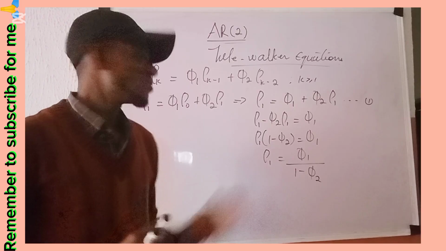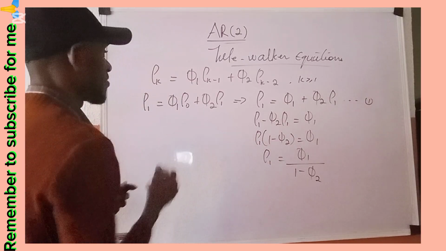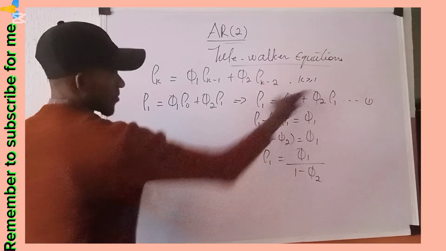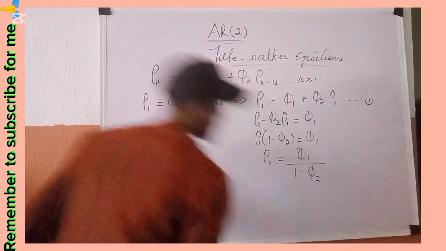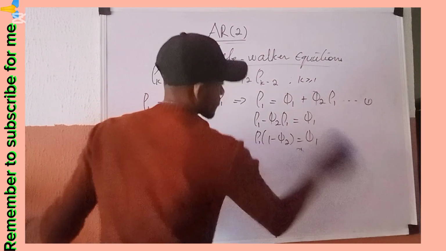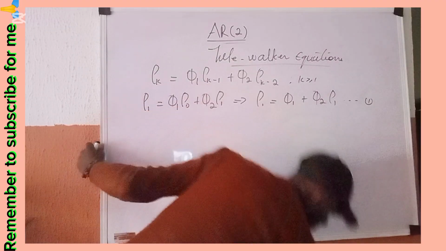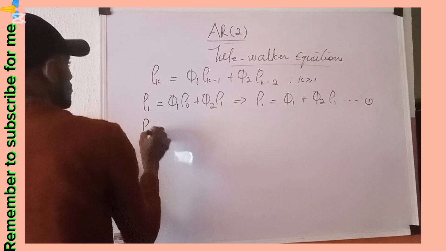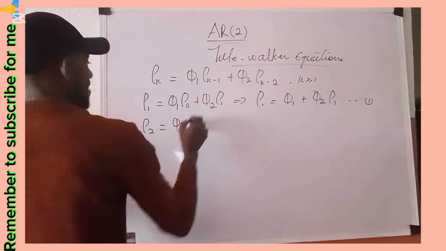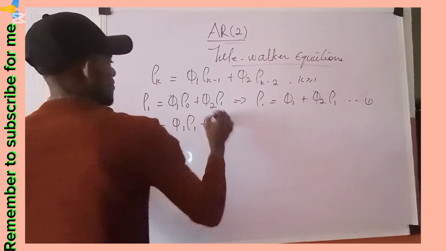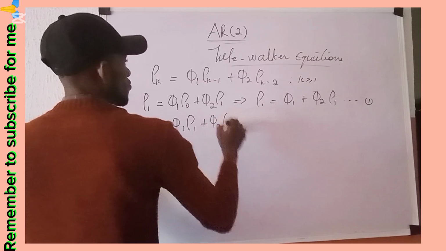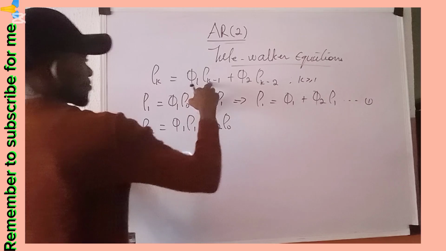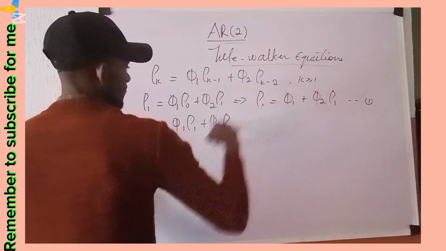So we now quickly talk about when k becomes 2. Permit me to clean here. When k becomes 2, rho 2 is given as phi 1 rho 1 plus phi 2 rho 0, because here is 2, here is 2 minus 1, which is 1, and here is phi 2.